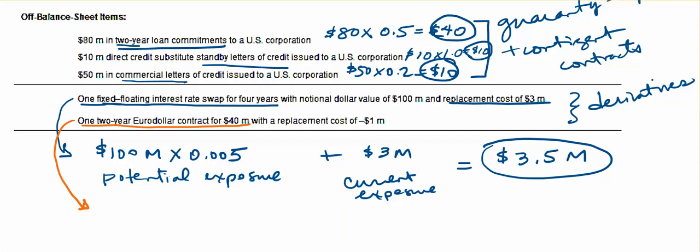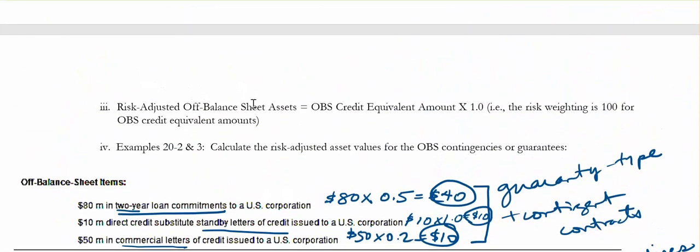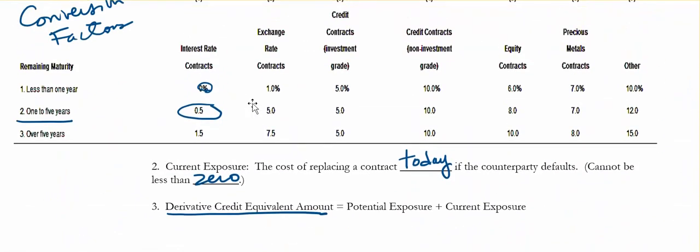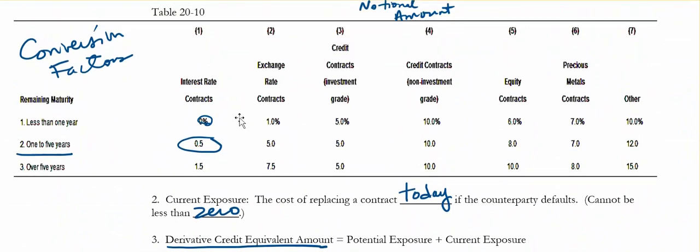And this just means that these international banks are lending to each other dollars, and they can make loans for different maturities and dates in the future. So that would be a credit contract, and I would consider that to be investment grade because it's a euro-dollar contract that's between two banks.